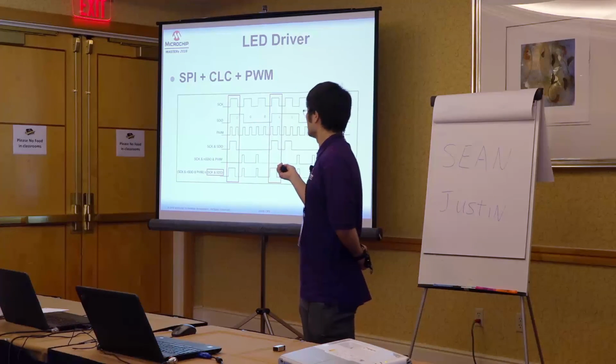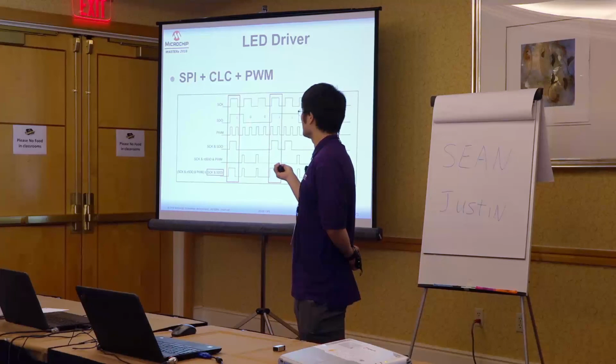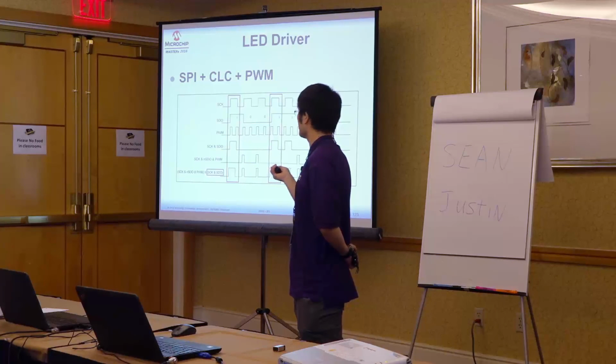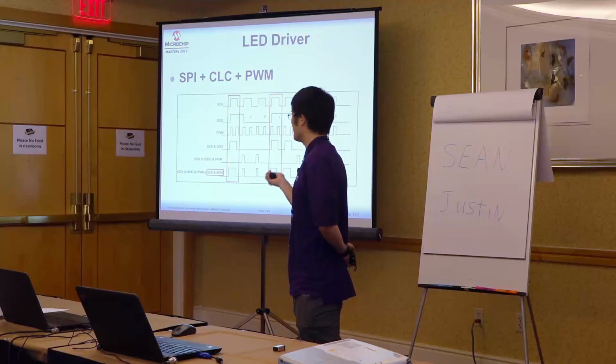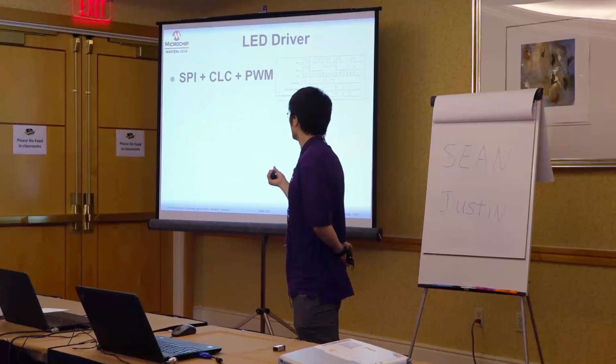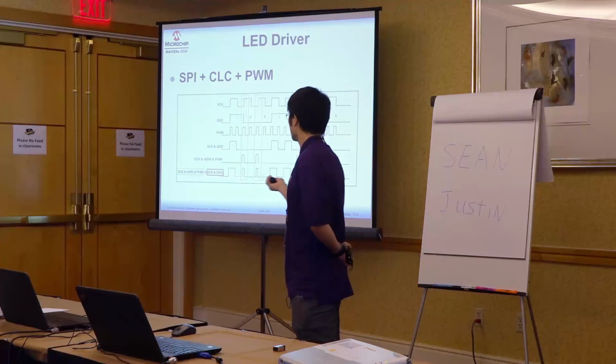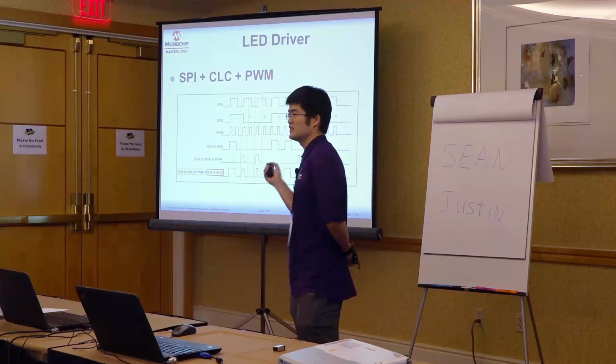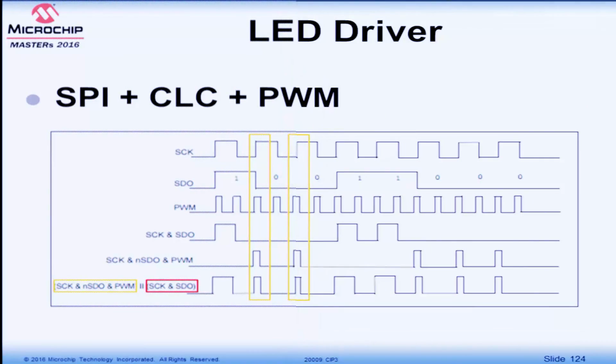If I have logic 0s, what I do is I AND the negate of my data, which actually gives me zeros, with my PWM, let's say 20% duty cycle. Then I get my logic 0s. And finally, I OR them together. If I OR them together, I get my final output as per the LED data protocol specification. Make sense?